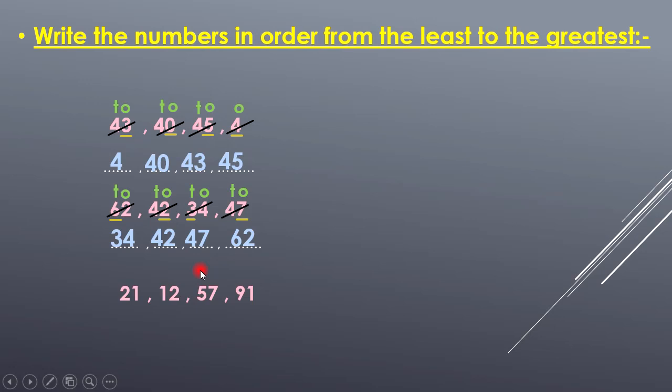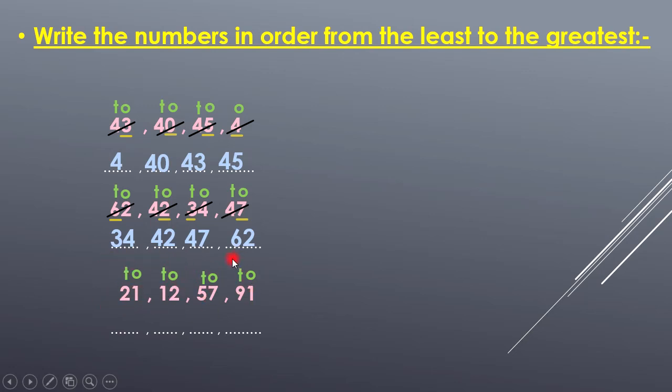Let's see another example. Here I have 21, 12, 57 and 91, and we want to order the numbers from the least to the greatest. First I put the boxes. We said that we should look first to the tens digit.